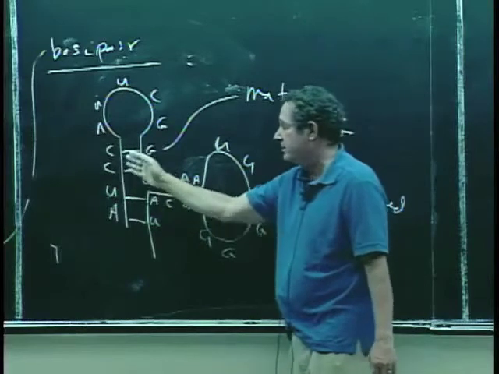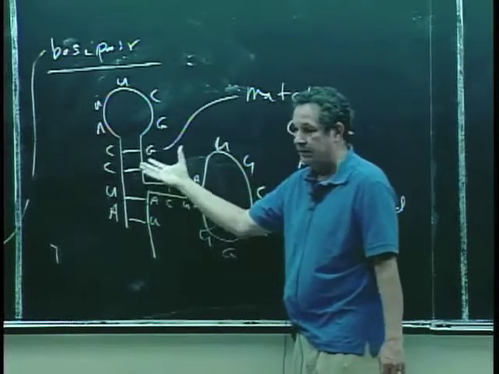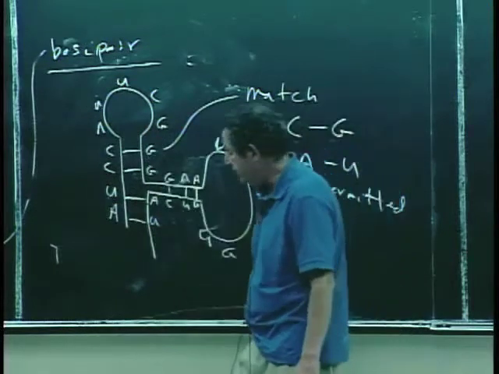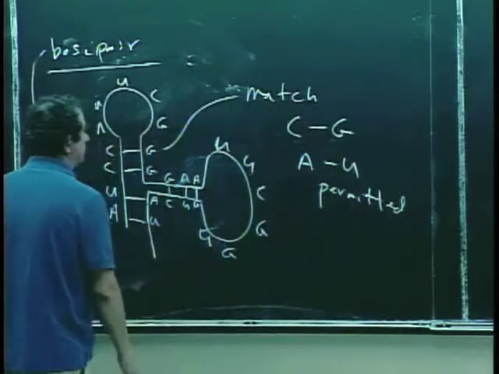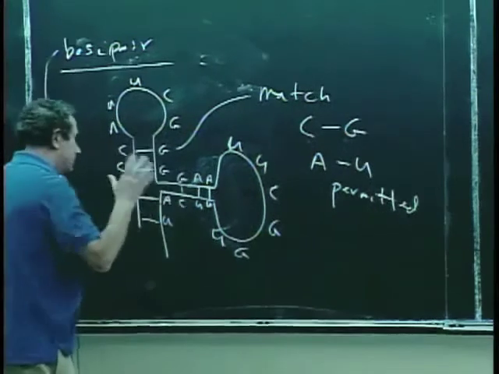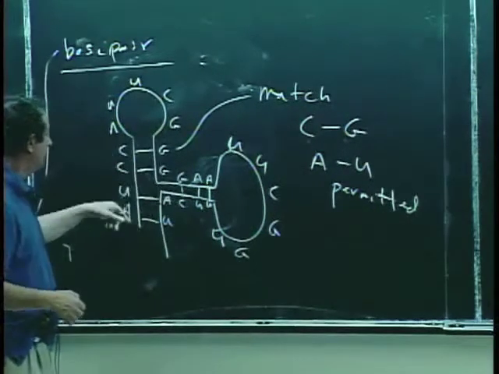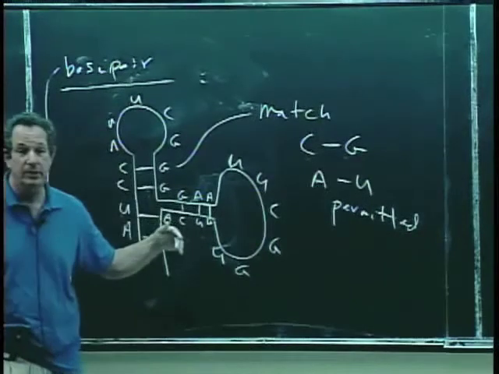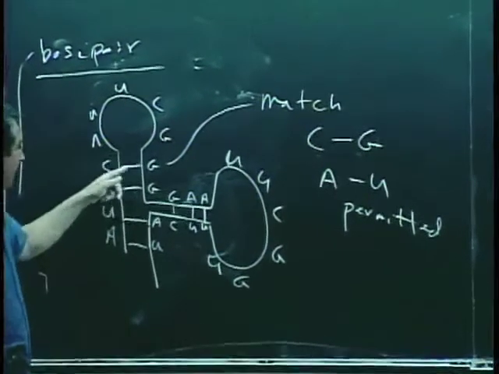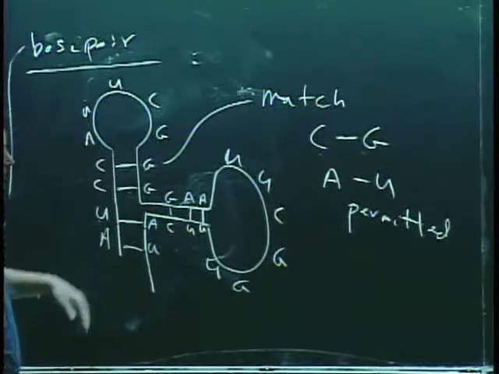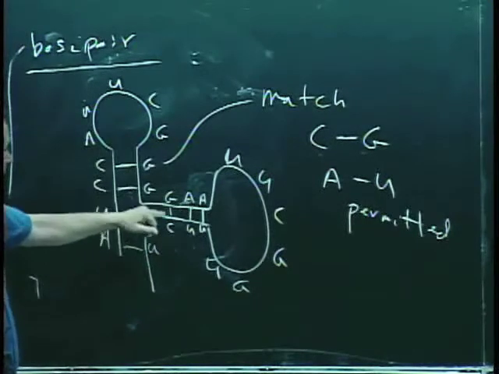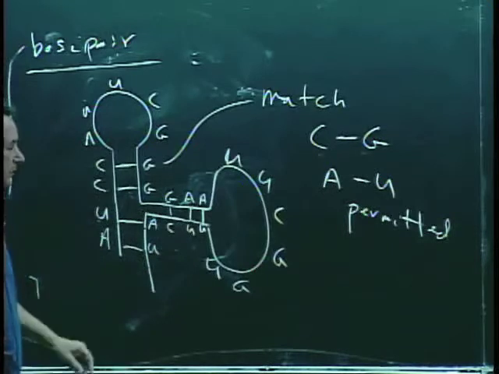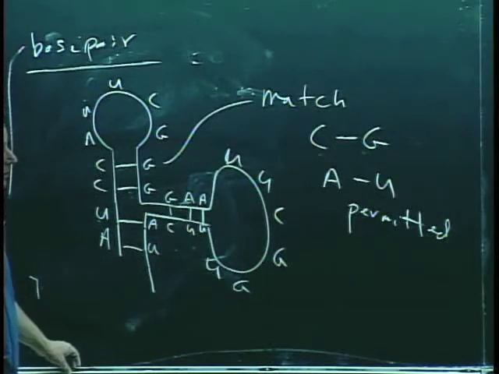And the more pairs you have, the more stable this folding is. So it's believed that, to first order of approximation, a reasonable guess for the secondary structure of the molecule comes from finding the secondary structure that has the most bonded pairs. So it's the most stable and therefore the most realistic.